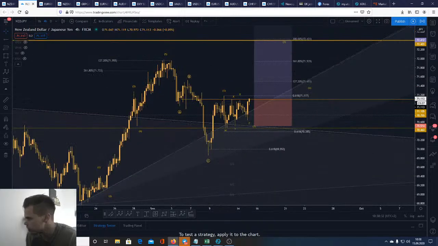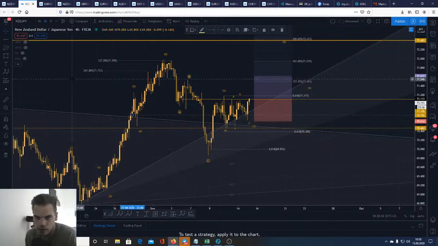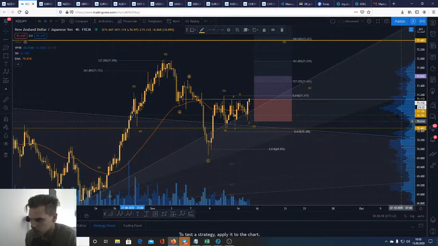Nice divergence here. I like to take profits. Stop loss below the support. High volume node, that's a good one.